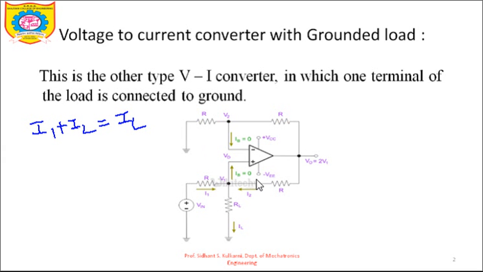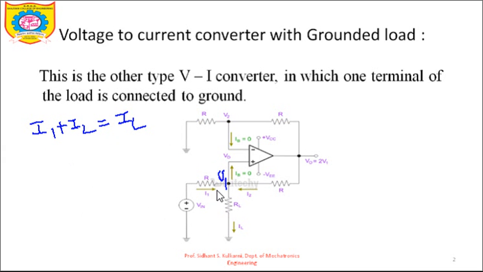Now we need to form expressions in terms of voltage and resistances for I1. Current is flowing from the Vin terminal towards this terminal, whose voltage we have considered as V1 for the time being.